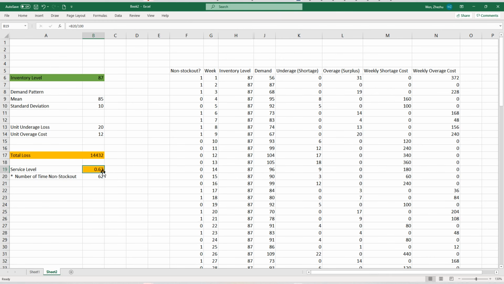I'm indicating that the total loss is somewhat related to the service level. There are some formal relationships between the service level and the total loss. I'll discuss those in upcoming chapters. For today, I just want you to finish this simulation and understand those underlying relationships through the simulation. Thanks for your time.